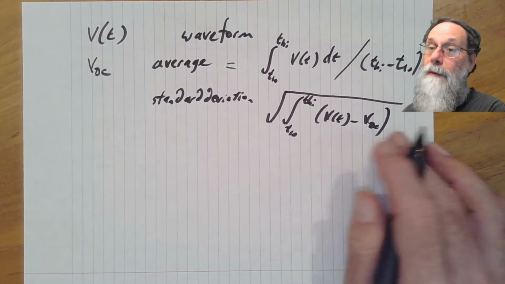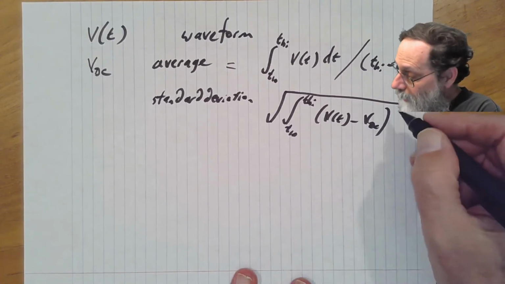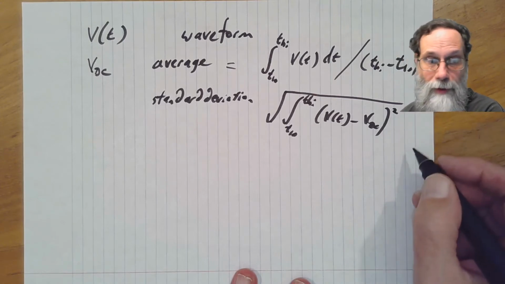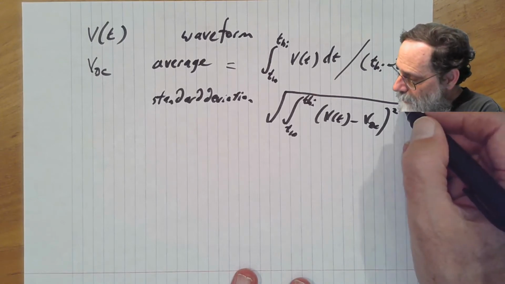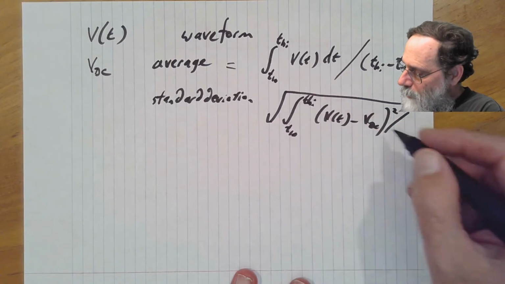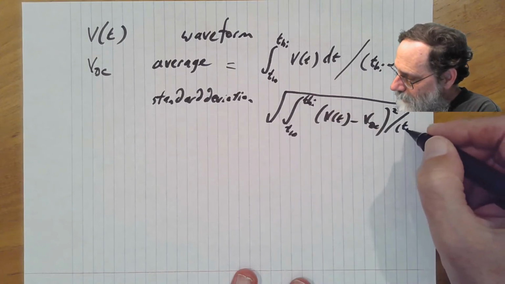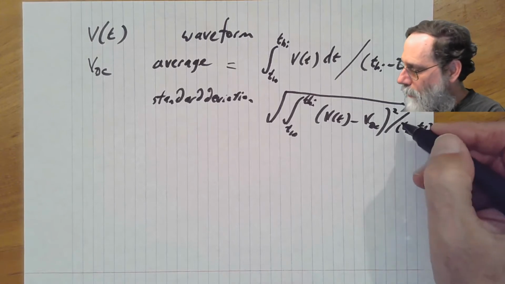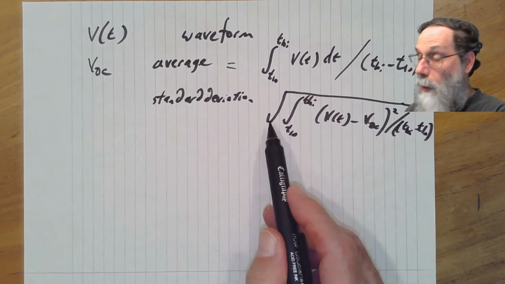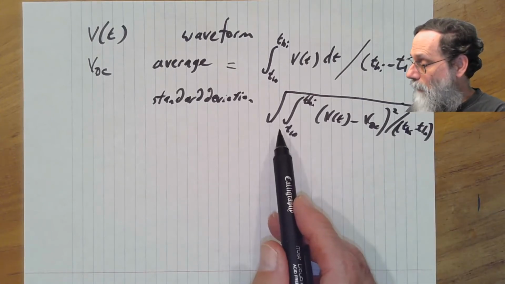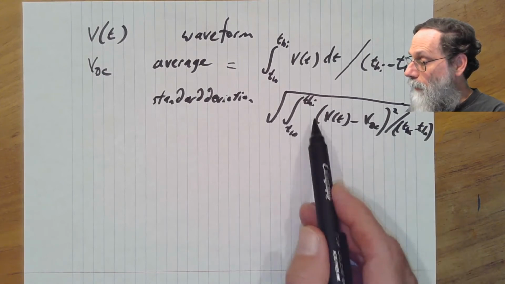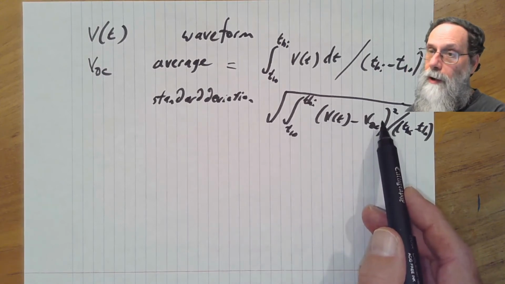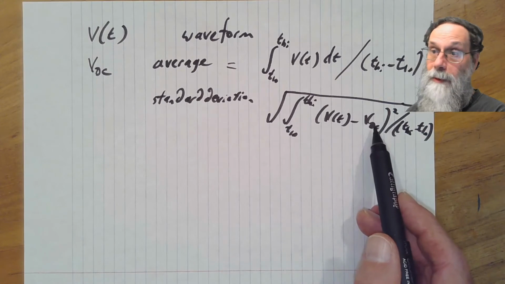So we're subtracting off the average, squaring that. And then we want to normalize this by dividing by T high minus T low again. So what this is, it's the square root of the average of the square of the difference from the mean.